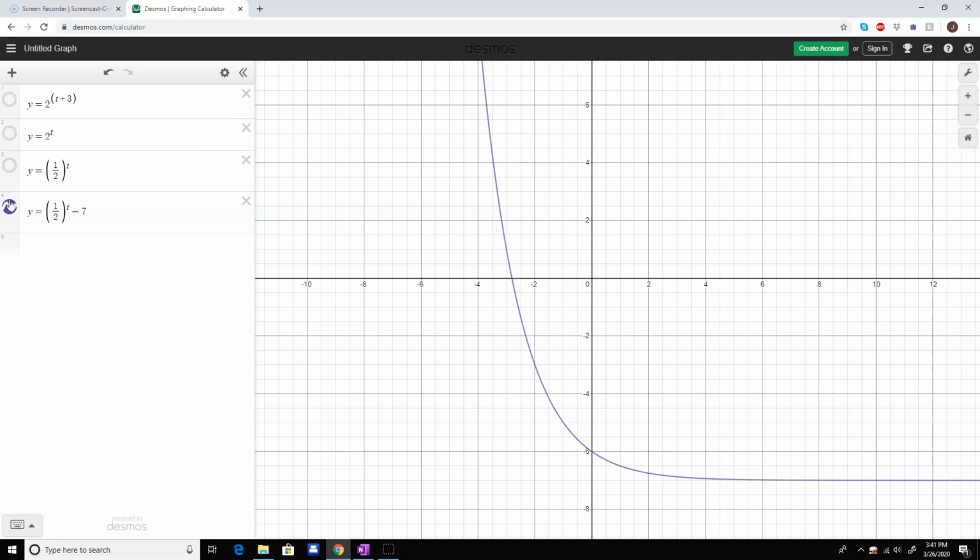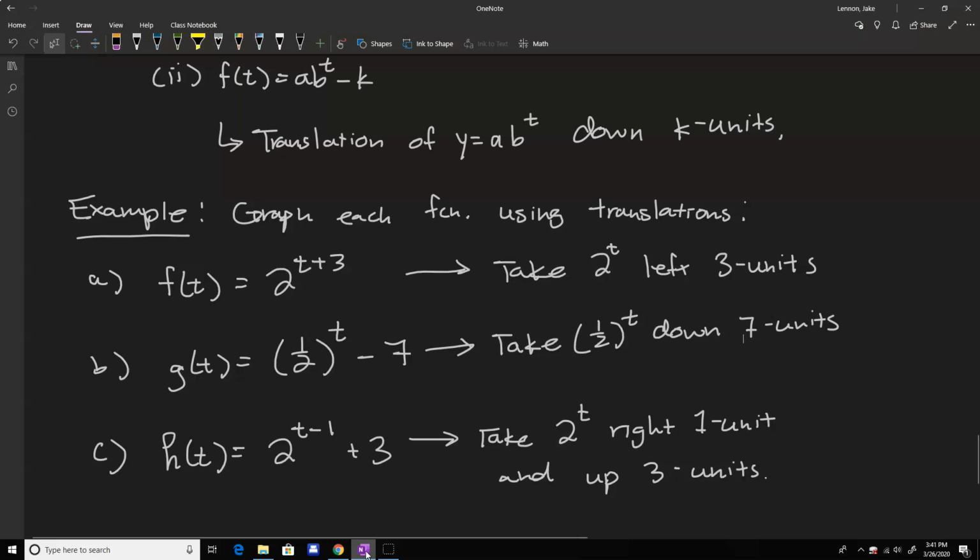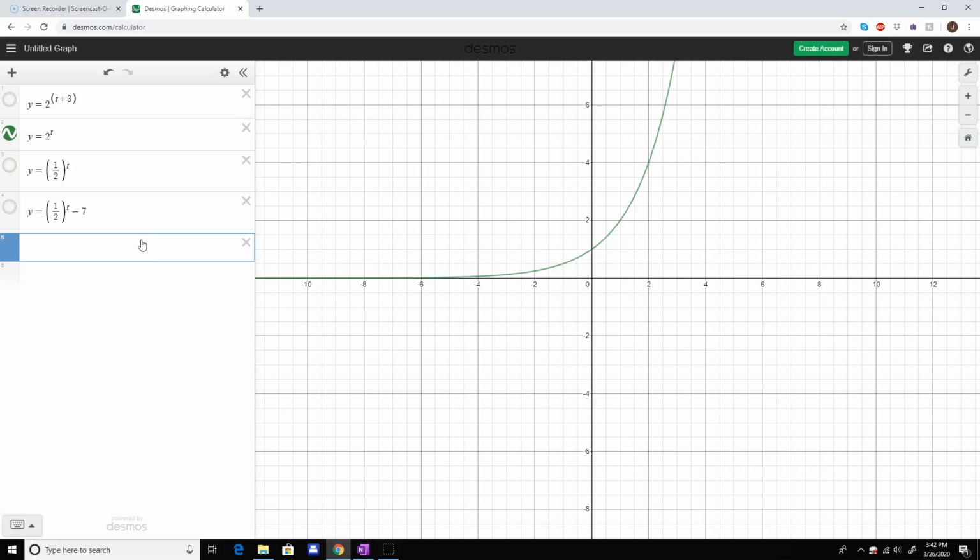Okay, and then our very last one, we were again translating 2 to the t. So we were performing 2 transformations. We were doing t minus 1 plus 3. So it should be going right 1. So t minus 1, and then up, I need parentheses in the exponent. Apologies.